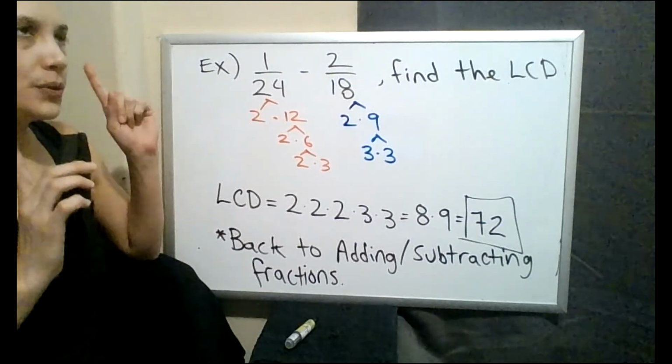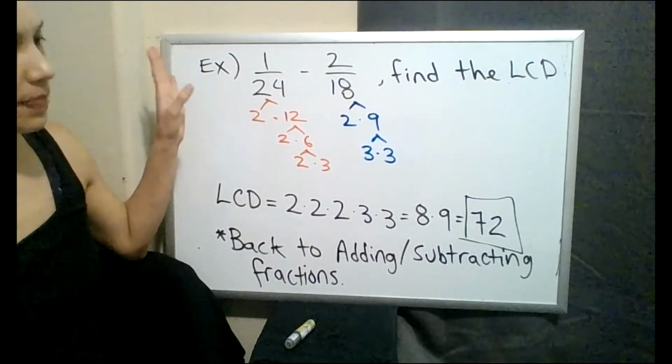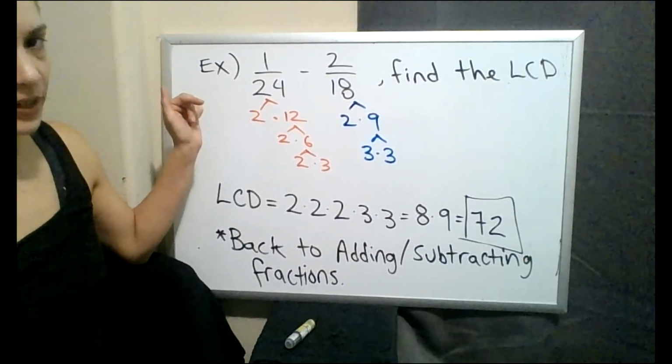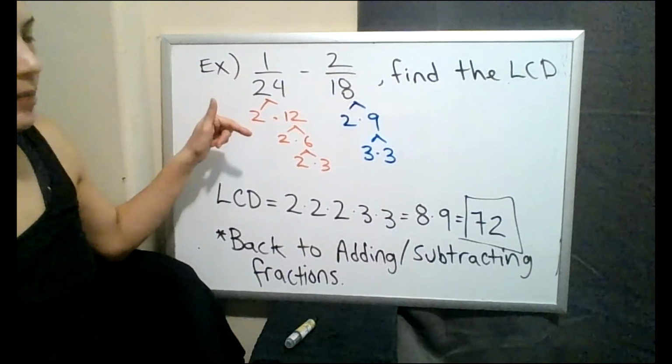We want to multiply every single fraction by missing LCD factors in the numerator and denominator.